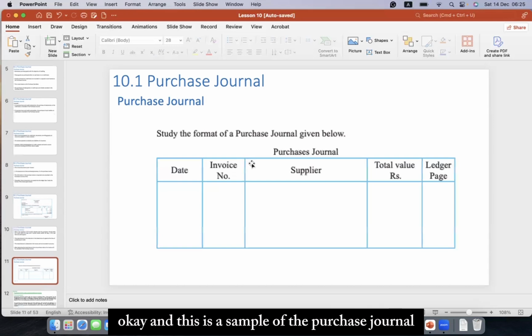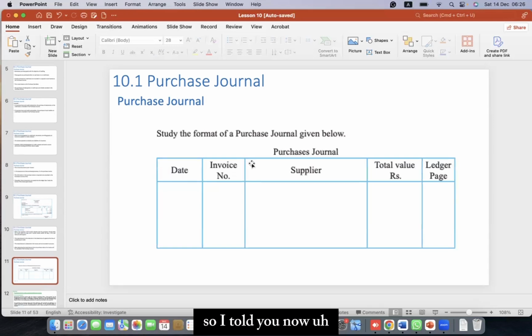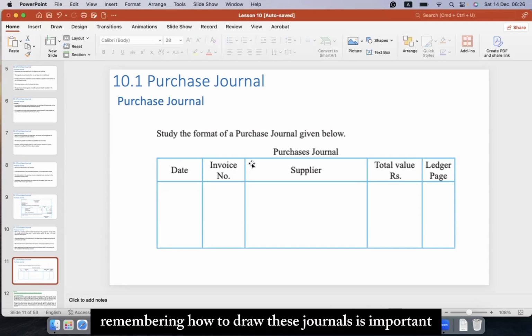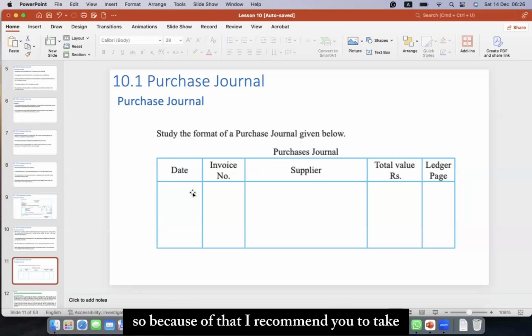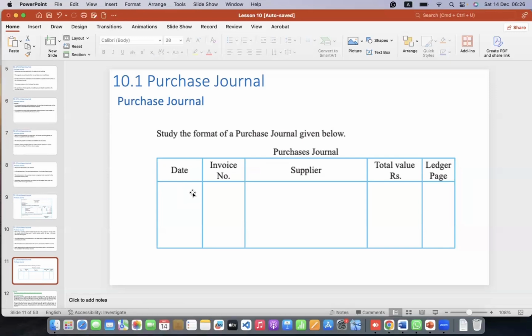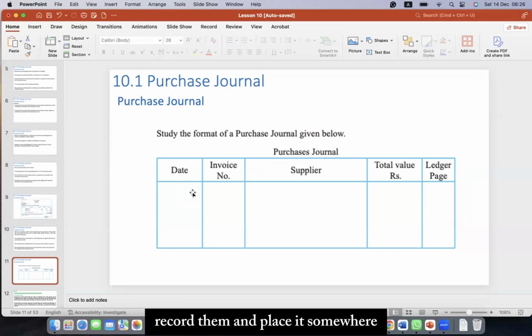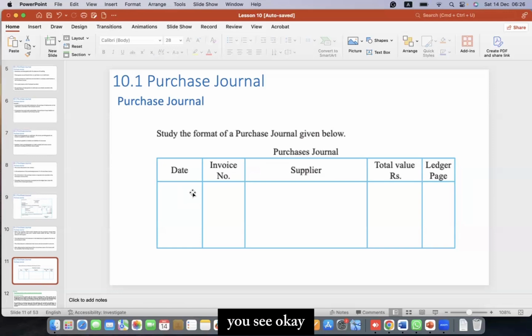And this is a sample of the purchase journal. Remembering how to draw these journals is important, because if you are asked to draw it, you will have to draw it. So I recommend you take a piece of paper and draw all these journals, the purchase journal, sales journal and all the others, and paste them somewhere you can see.